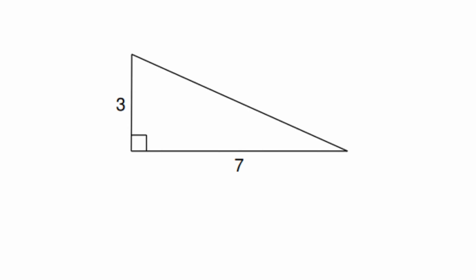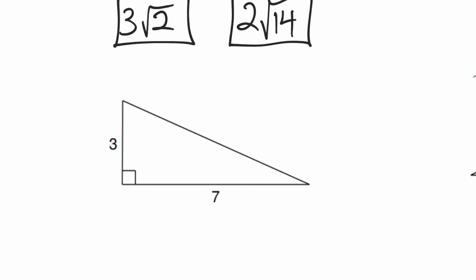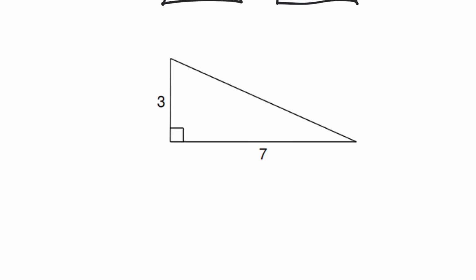Pythagorean Theorem, yes. Now, which side is the C on this triangle? The missing one. So remember, when we're looking for the C, do we add or subtract? We add. So it's going to be 7 squared plus 3 squared, square rooted.